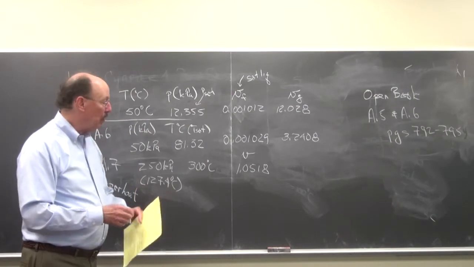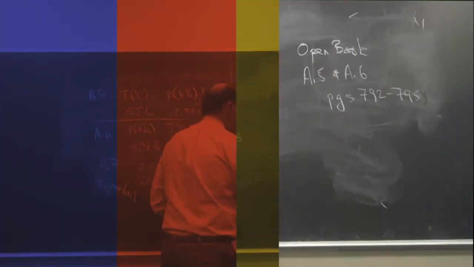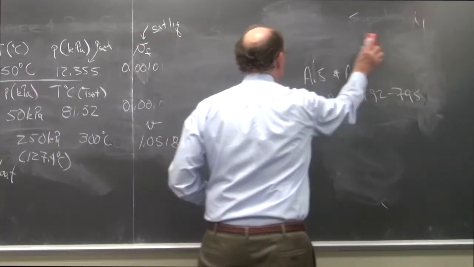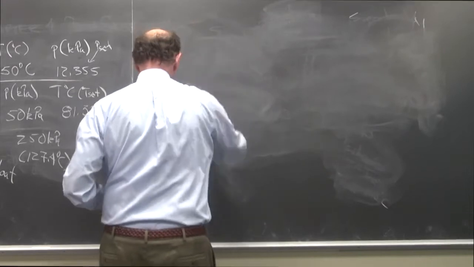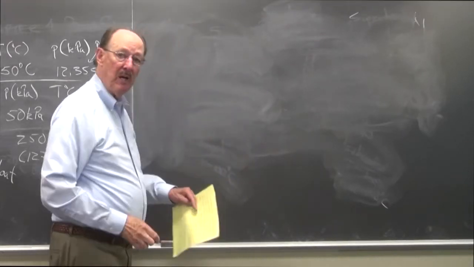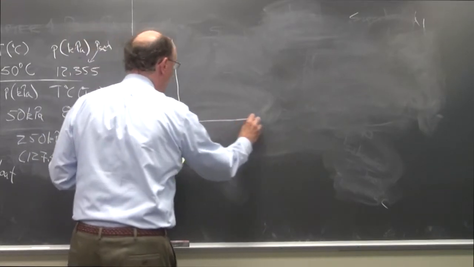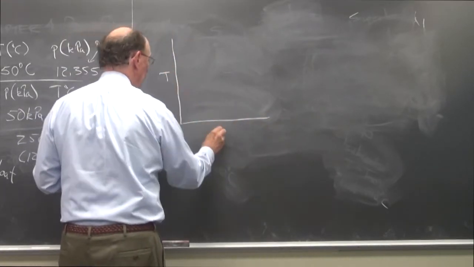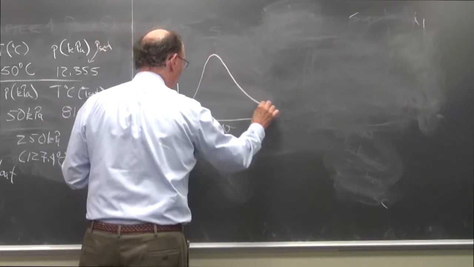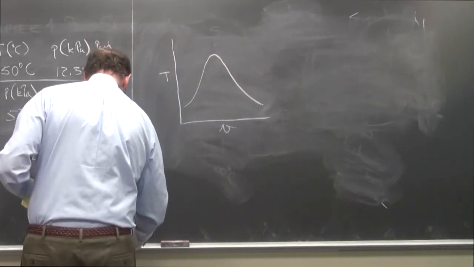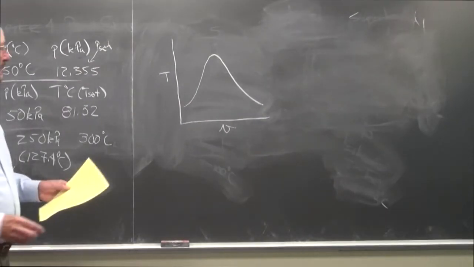So now let's look at the TV diagram and notice where V sub F and V sub G are. So if I draw a TV diagram, and I normally don't use colored chalk, but in this instance I will.